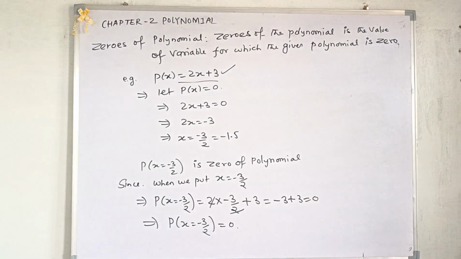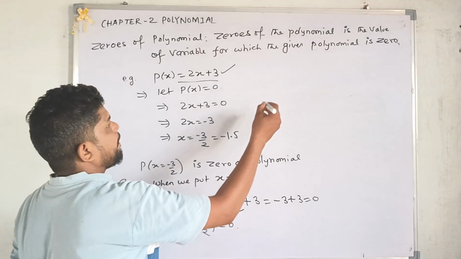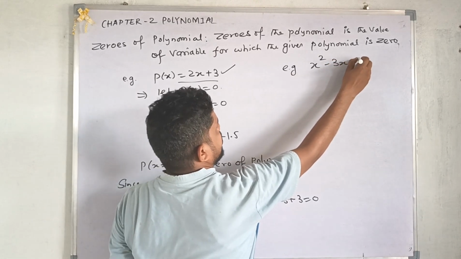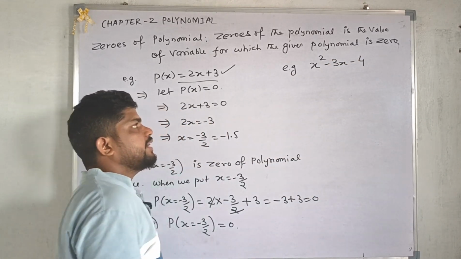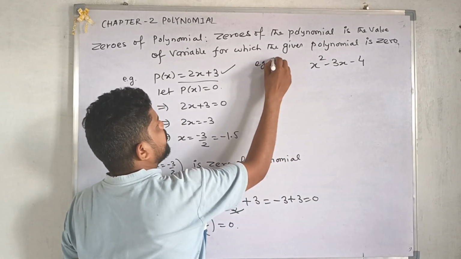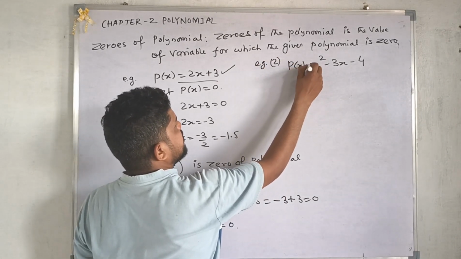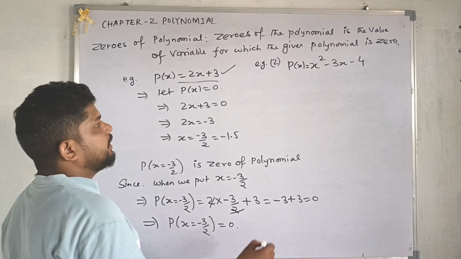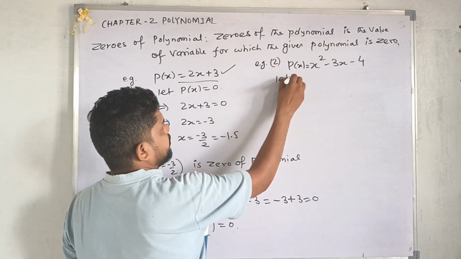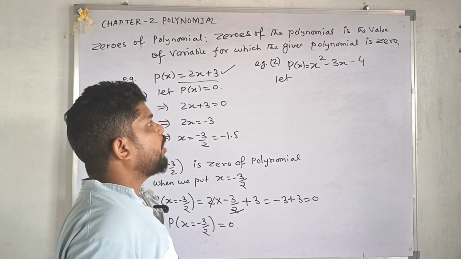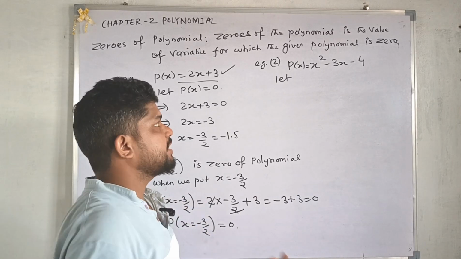Let me give one more example to you. Suppose we are given x square minus 3x minus 4. This is example number 2. P of x is x square minus 3x minus 4. Now we aim to find the zeros of this polynomial by using the splitting the middle term method.